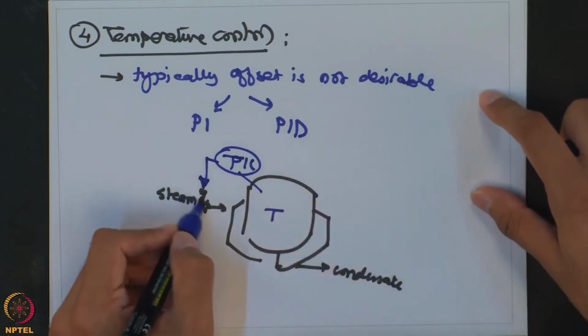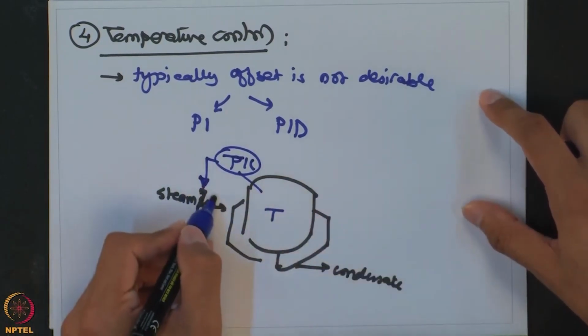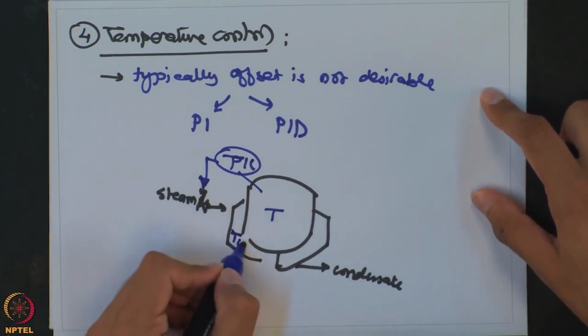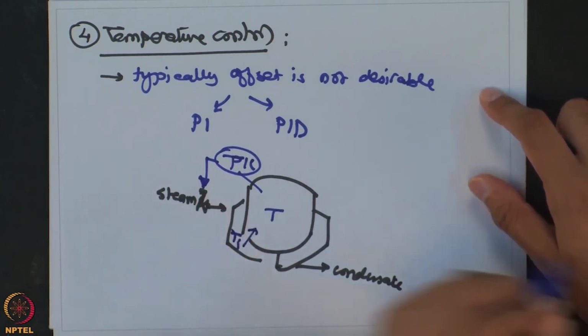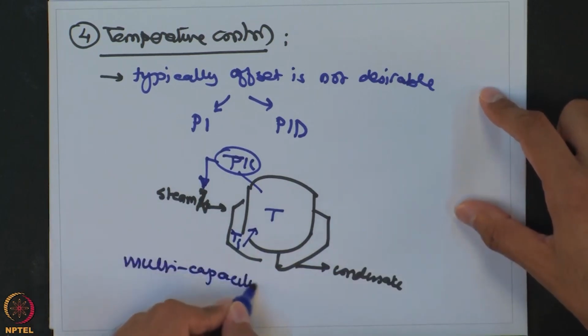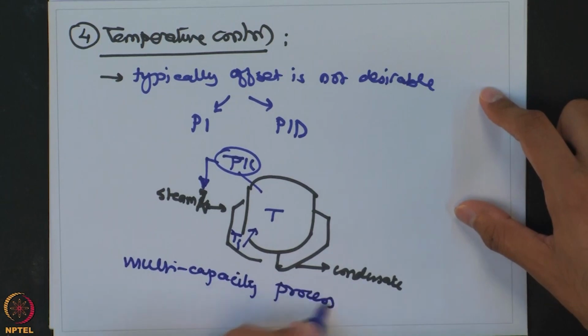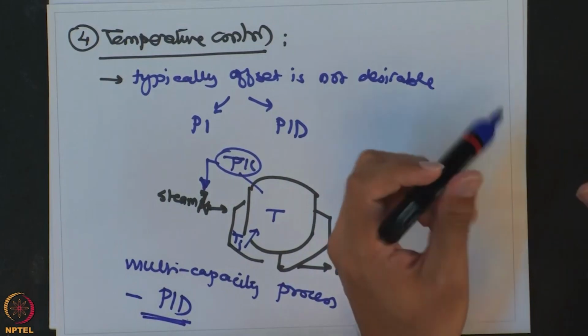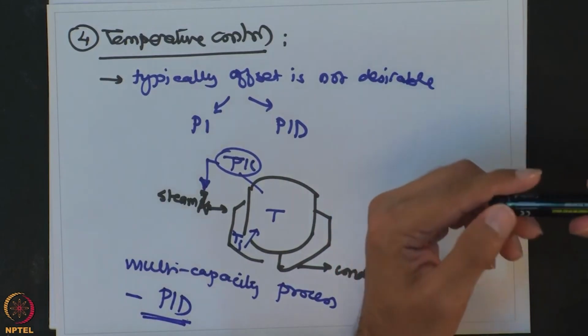When you change the steam flow, it is first going to change the amount of steam going into the jacket, then it will change the jacket temperature, and then eventually it will change the reactor temperature. So it's a fairly multi capacity process, and most of the times this temperature controller will be a PID controller.